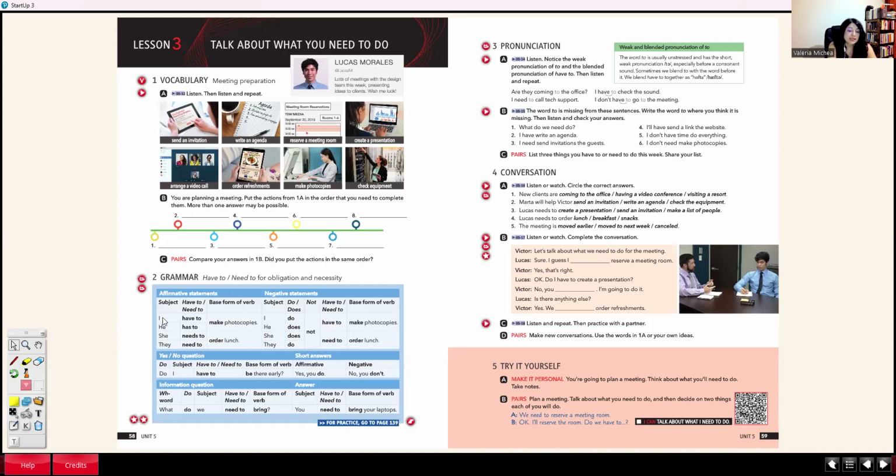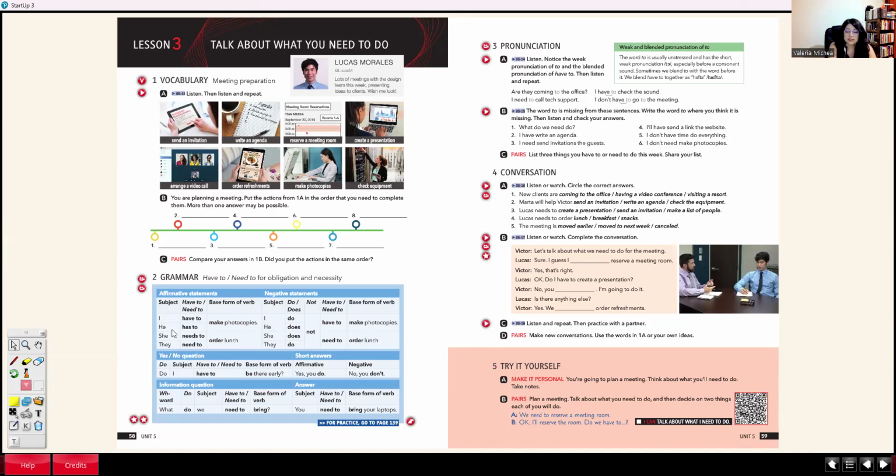So when you want to make it negative, you have to add don't or doesn't. So I don't have to work tonight, or she doesn't have to go to the cinema tonight, for example. All right, so it's just a matter of using the auxiliary verbs with need to and have to.